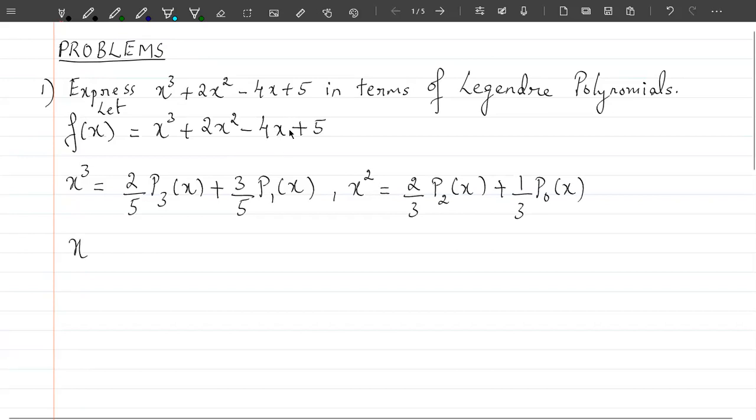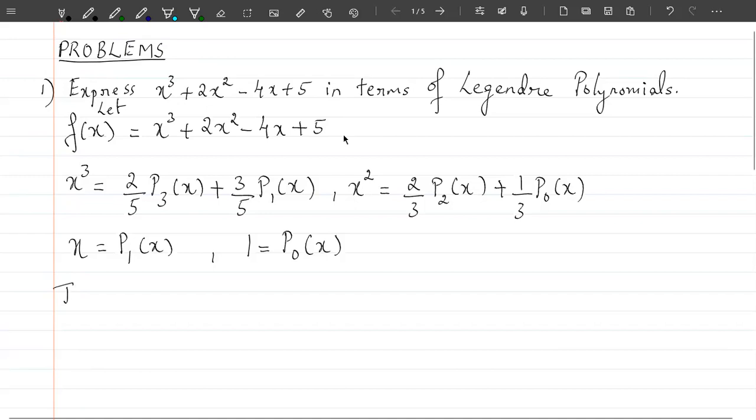X is nothing but p1 of x, and here you have a constant, that is 5. You can say that's equal to 5 into 1, and we know how to write 1 in terms of Legendre polynomials. 1 is equal to p0 of x. So if you want, you can write 5 as 5 into 1, that is 5 into p0 of x.